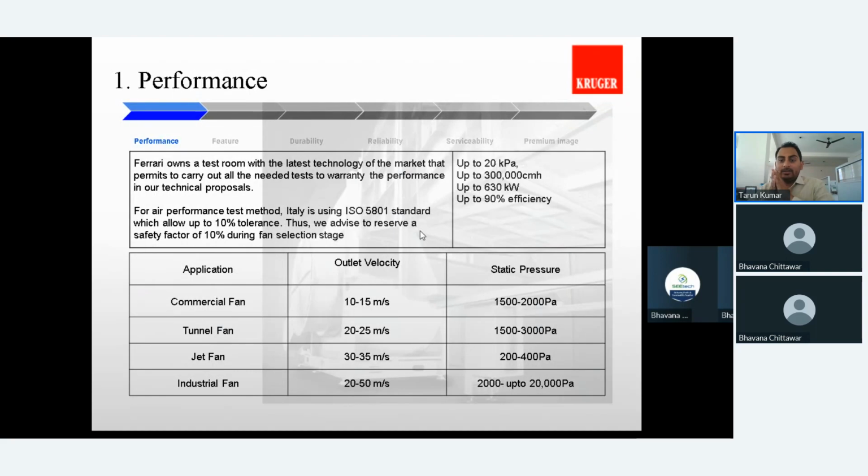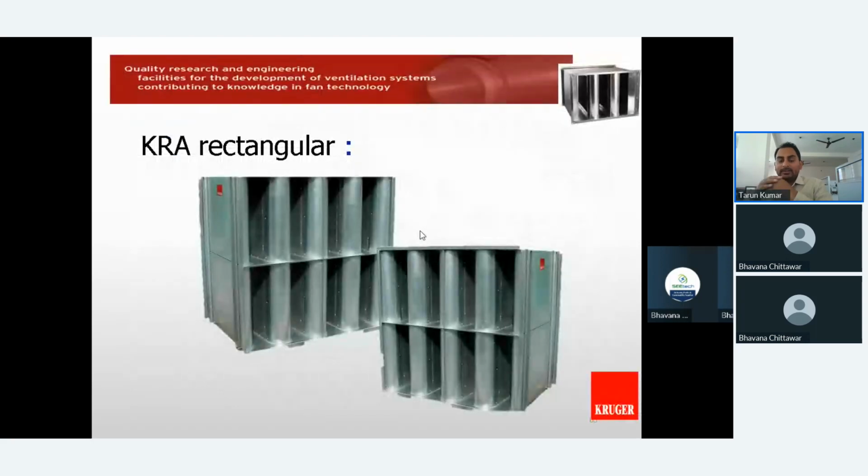It can deliver air up to 30,000 cmh and cater to static pressure up to 20,000 Pascal. It is used in the glass industry and the oil and gas industry, where high static pressure and high air volume are required. These fans are available with belt driven as well as direct driven arrangements, and are mainly used for industrial purposes.